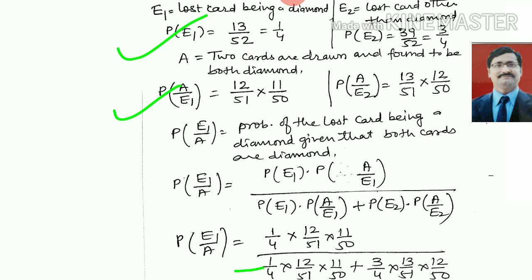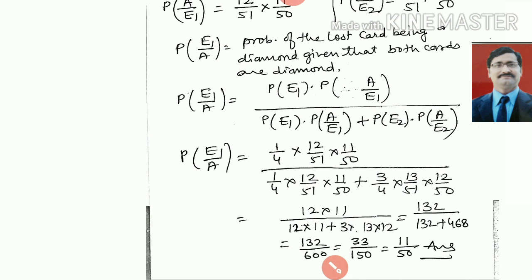Again put the values of P(E1) and P(A|E1) in the denominator, plus P(E2) and P(A|E2), then take the LCM and solve. You will get 132 upon 132 plus 468, which gives 132/600. Divide by 4 to get 33/150, and divide by 3 again to get 11/50. So 11/50 is the answer.